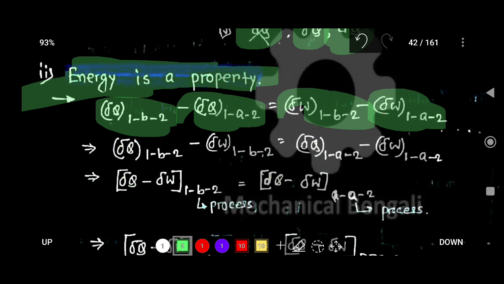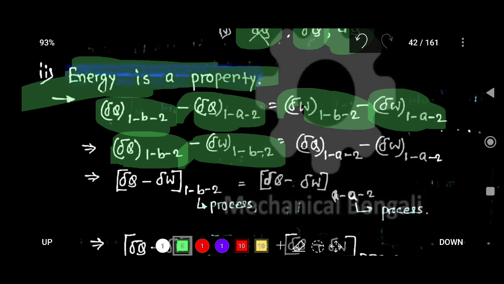From here you can say that del q 1b2 minus del w 1b2 is equal to del q 1a2 minus del w 1a2.